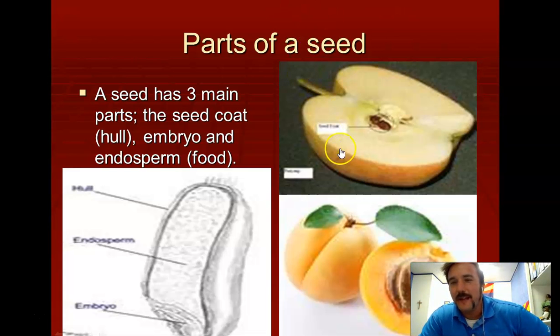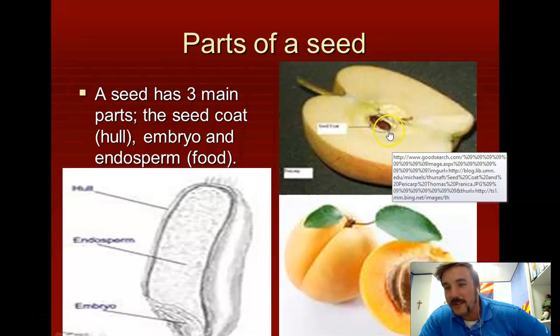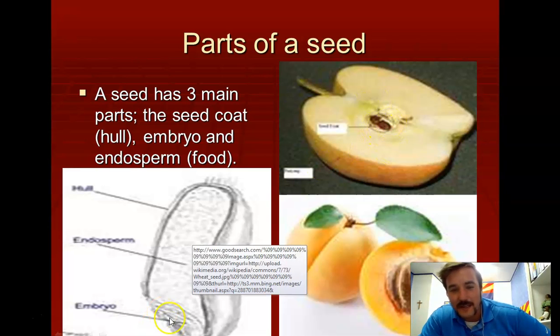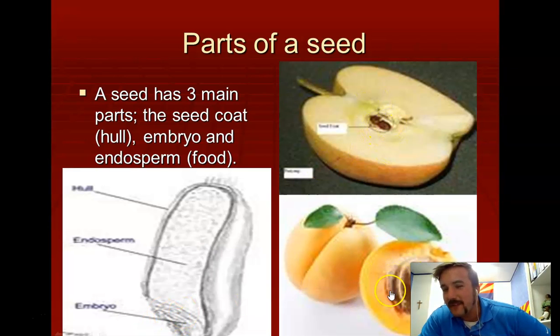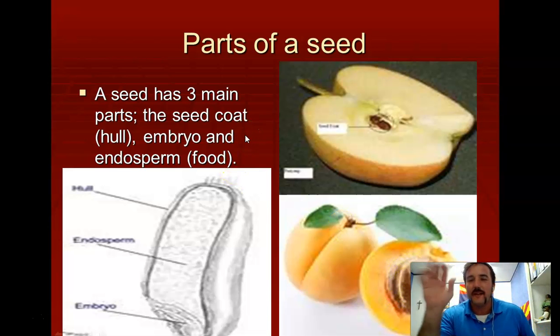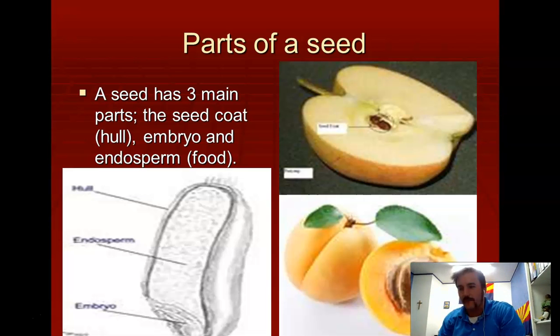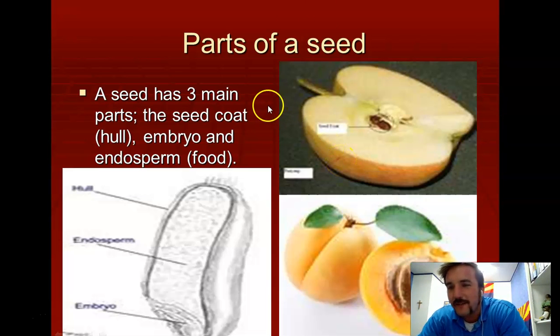Now, some animals can eat the fruit right off the tree. But remember, this seed is the important part because it's got the embryo for the new plant. This pit right here has a seed inside it. The seed has to be protected. So you might see a bunch of fruit fall from the tree. Well, the fruit can protect that, right?